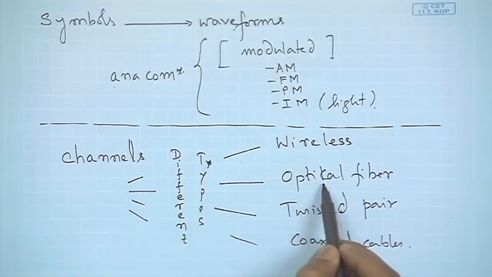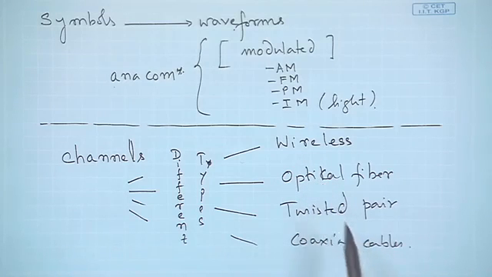It's similar, but you're opting for a different property. When you go to twisted pair, instead of sending electromagnetic waves, you can directly send electrical signals, in the form of voltage across these twisted pairs, and you can communicate a sequence of zeros and ones to the other side. If it's coaxial cables, again you modulate the waveform and you send it across through these waveguides. So these act as waveguides.